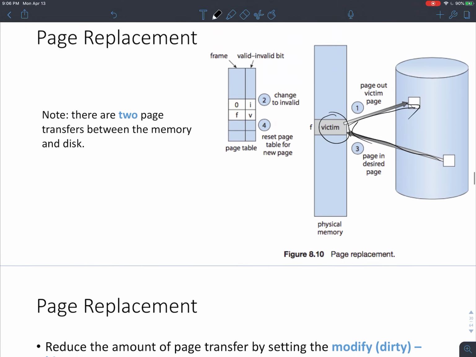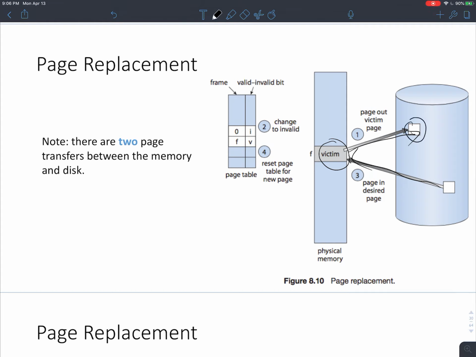However, if we think about it this way, originally we have a copy of the victim page in the hard drive, so it's definitely going to be there no matter if this page is loaded into memory or not. So if we do not modify anything in this victim page in memory, by copying the victim page into the hard drive, we actually modify nothing in the hard drive.